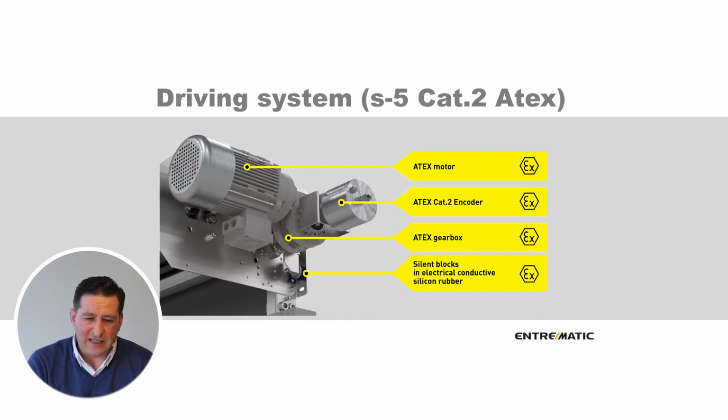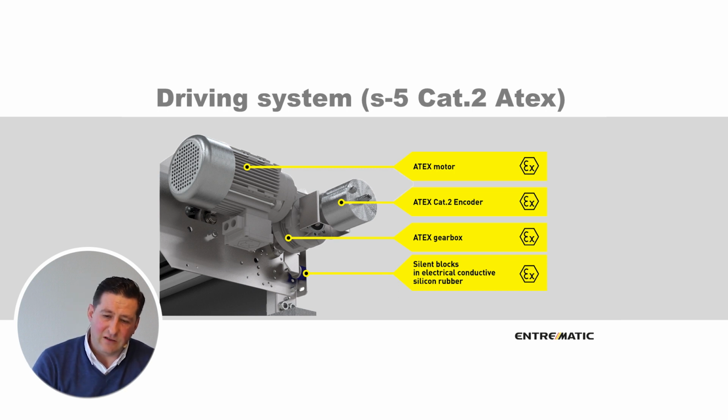The next slide is the category 2 version of the door. The difference is, there is only one difference, it's the encoder. The encoder is not our standard DNC2. This is a completely different ATEX certified encoder.